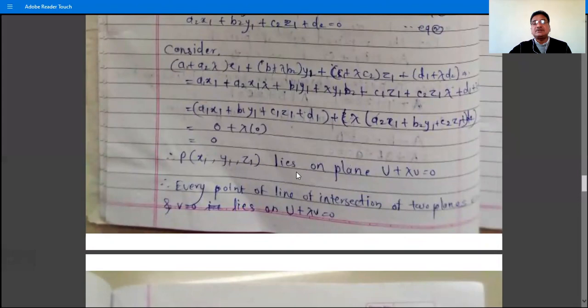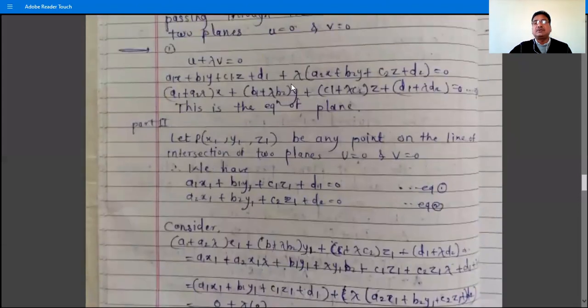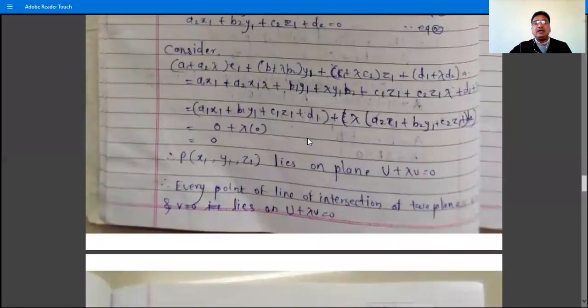This means the point P(x1, y1, z1) lies on the plane U + lambda V = 0. Every point of the line of intersection of the two planes U = 0 and V = 0 also lies on the plane U + lambda V = 0.